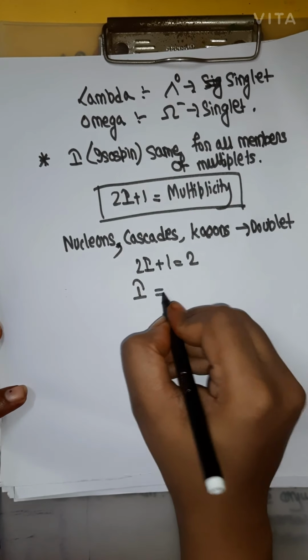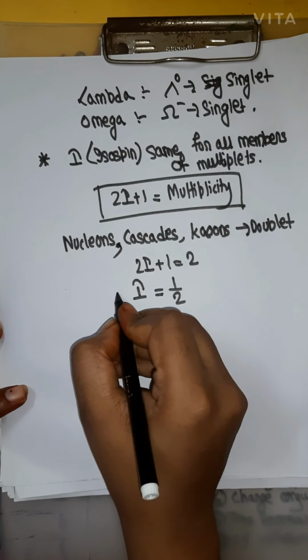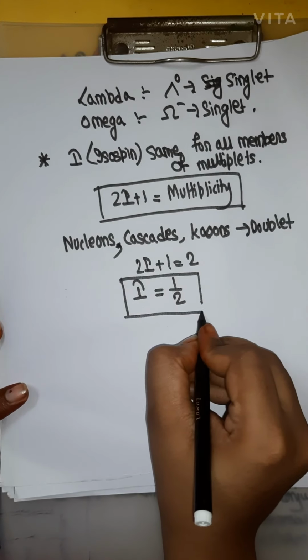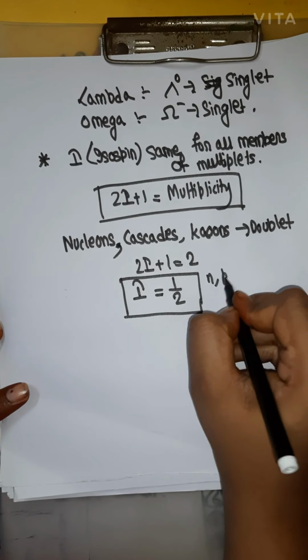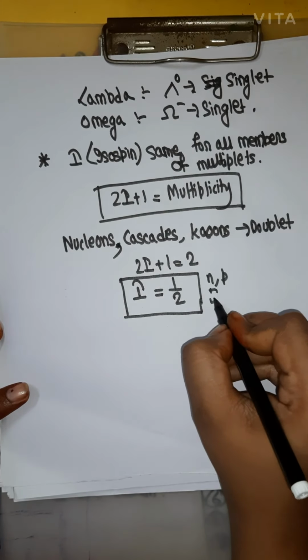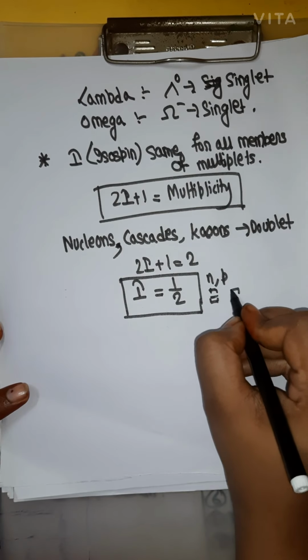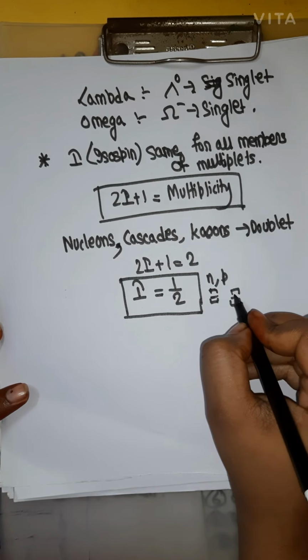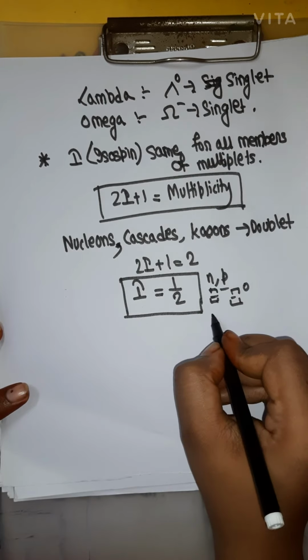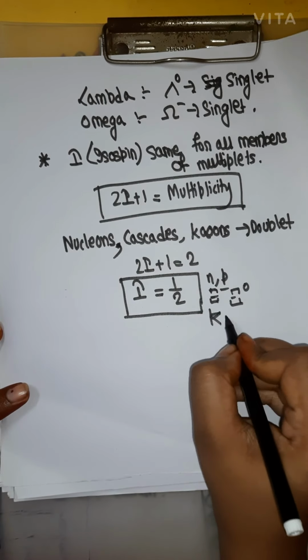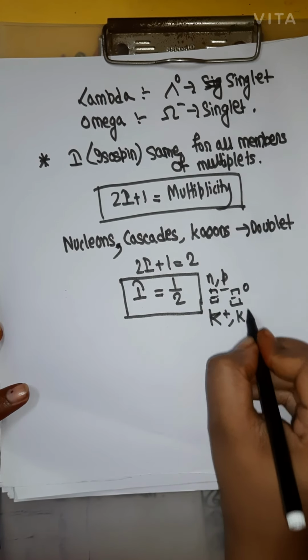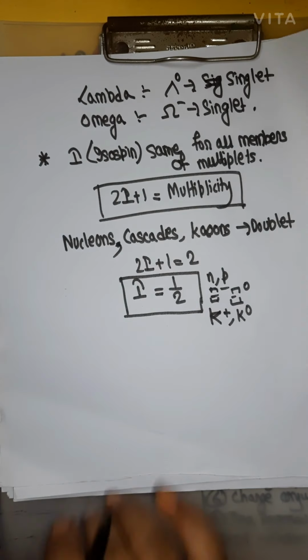So from here I we will get as half. So I is half for nucleons, that is neutron, proton, cascades, that is minus and 0, and kaons, K plus and K0. For all of these I is half.